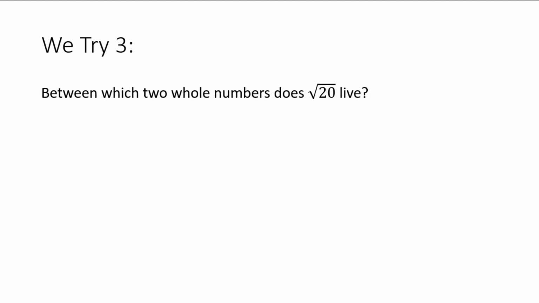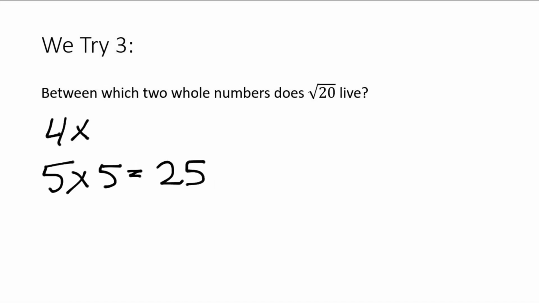Okay, so now we have to ask ourselves, between which two whole numbers does the square root of 20 live? Well, we're going to do the same thing. Let's sandwich it in between some stuff. So I know that 5 times 5 is equal to 25, and 4 times 4 is equal to 16.